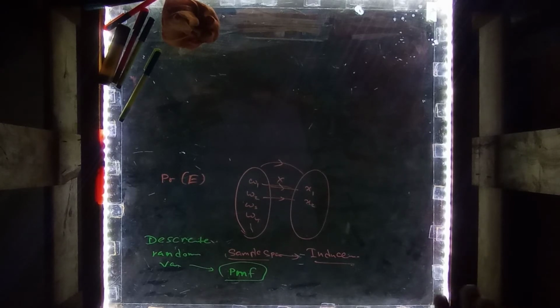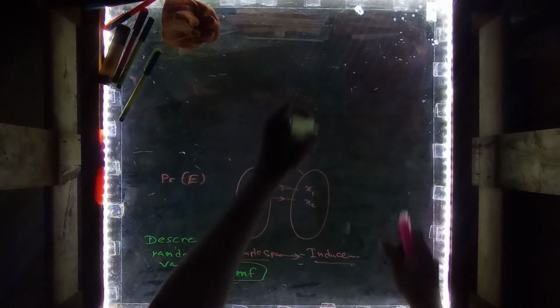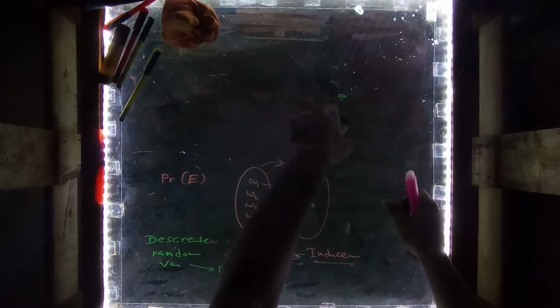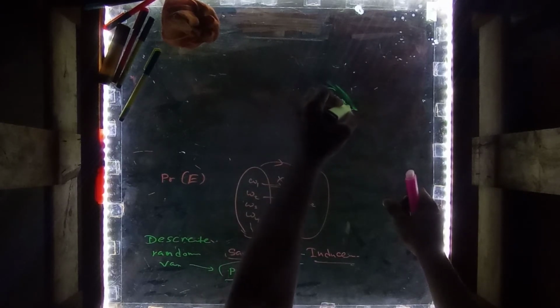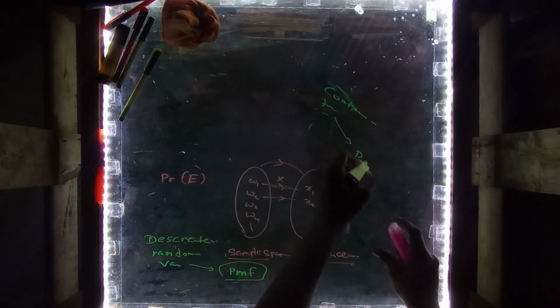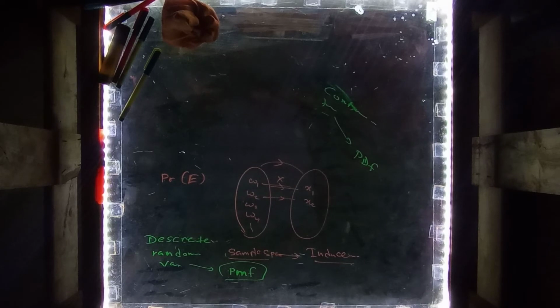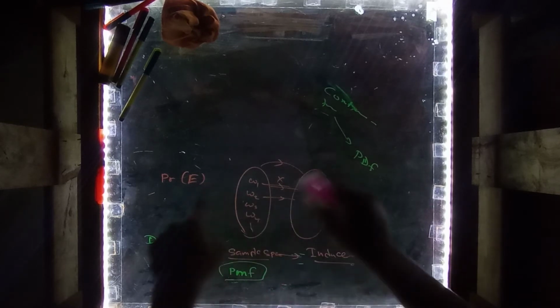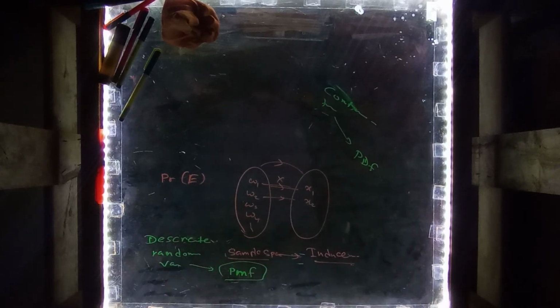And based on continuous random variables, we call them probability density functions, right? Let's see how we can distinguish these things. With this idea, let's try to see mathematically how to represent these things as a set, and how this can be defined with mathematics.